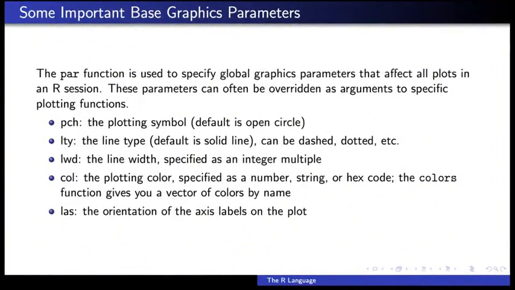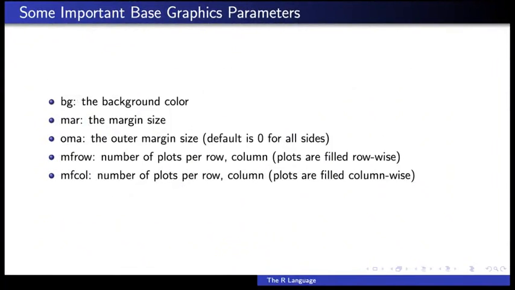las is another nice option which specifies the orientation of the axis labels on the plot. A couple more options here. bg is the background color for the canvas. The default is going to be no background color. mar is the margin size, and this specifies the margin around the plot.